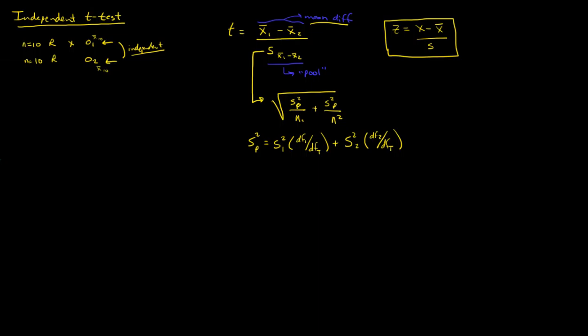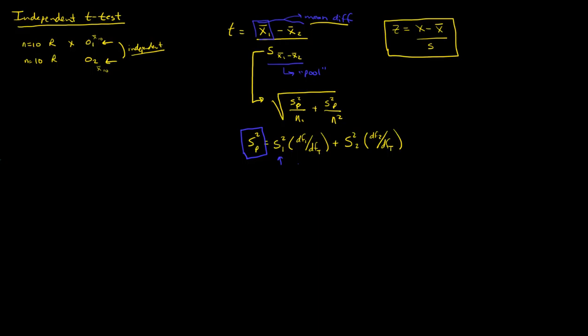So to get this pooled variance term here, we've got to take the actual calculated variance from the first group, group 1, so whatever this group represents here, and then we're going to weight that by this fraction right here, which is going to be the degrees of freedom for group 1 divided by the degrees of freedom total. So we know that the degrees of freedom for group 1, remember degrees of freedom are always n minus 1.